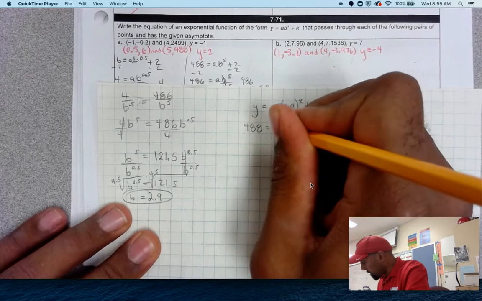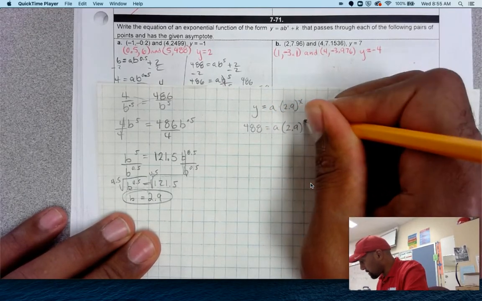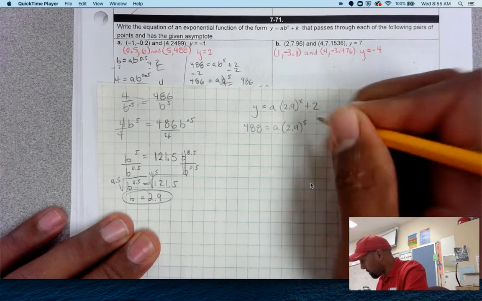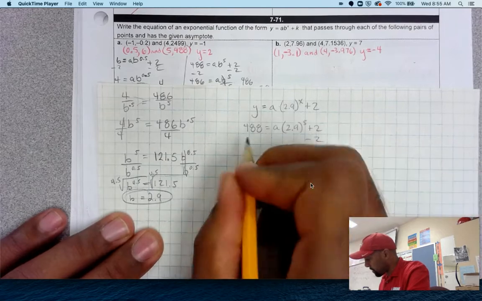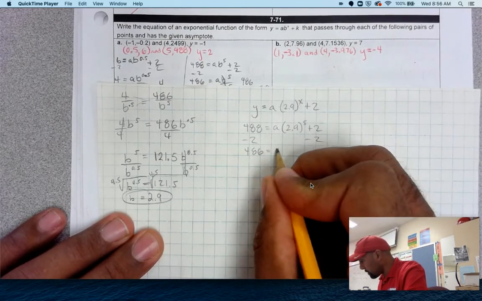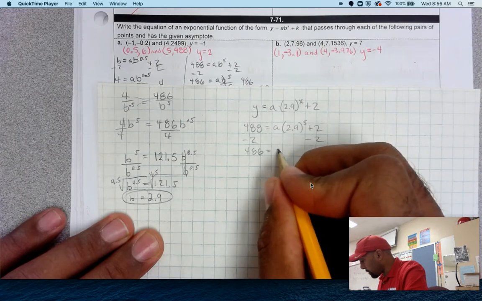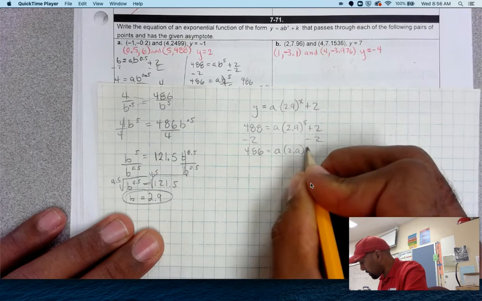So y goes there, just like before. And then the x goes up here, the 5, plus 2. All right, so first thing I'm going to do is subtract the 2, equals 486. And then I have a times 2.9 to the 5th.